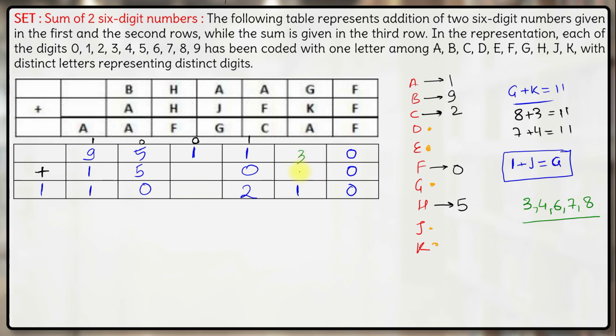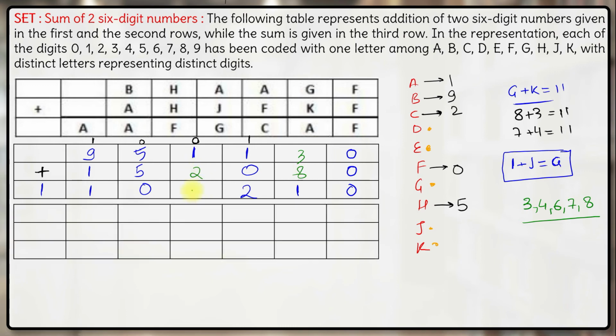If G is equal to 3 and K is equal to 8, then J will have to be equal to 2 for the sum to be equal to G, which is 3. Now 2 is already taken by C, hence this case is not possible here. That means G has to be 8 only. This will be 8 and this will be 7. Fine. Next possibility is for G plus K to be 7 plus 4 here.